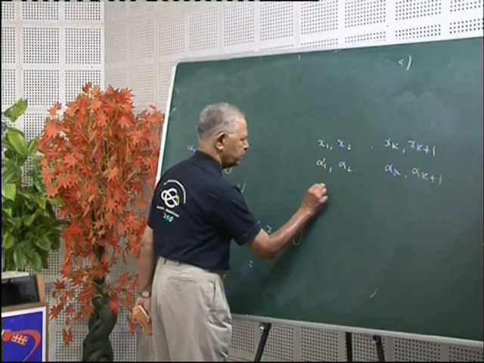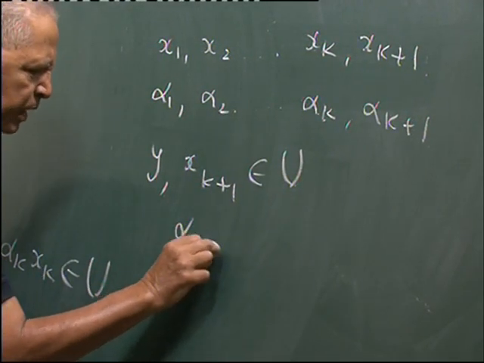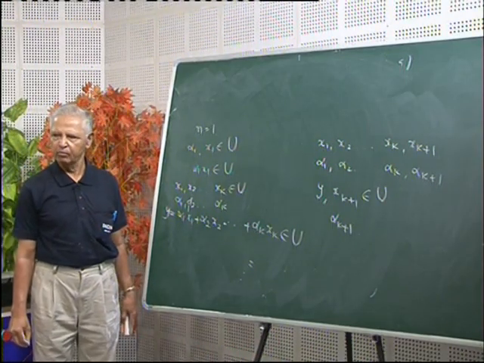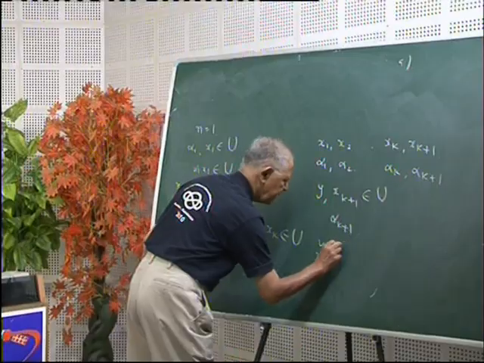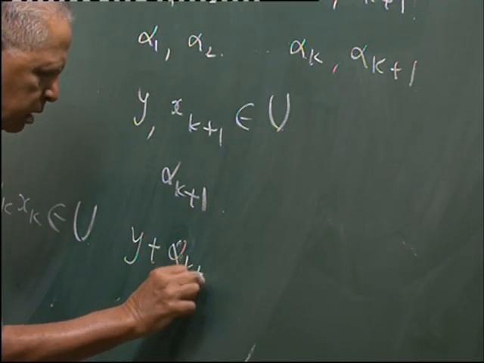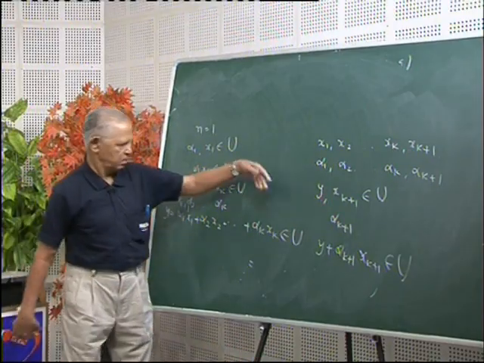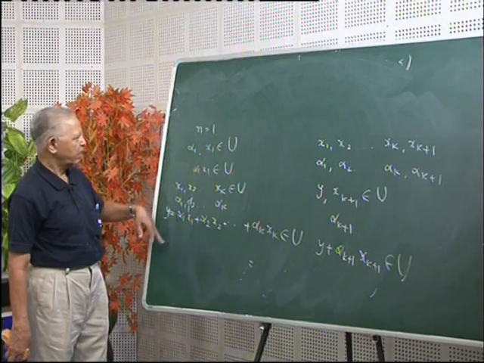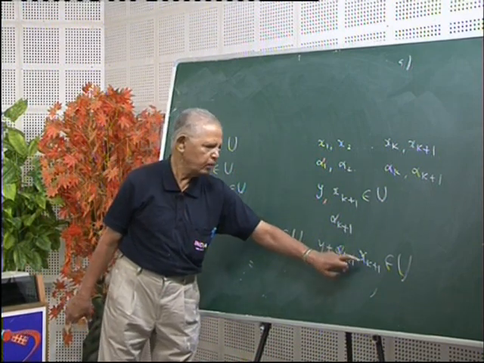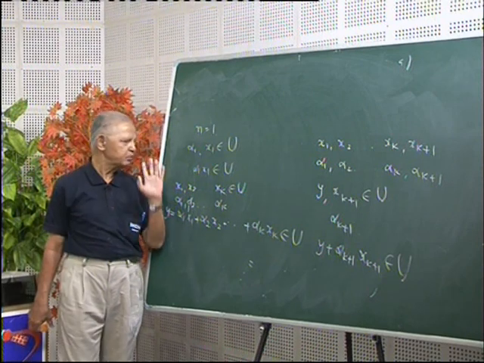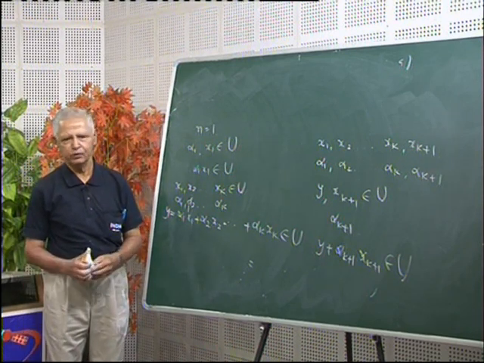So, now we have vectors y and xk plus 1 belonging to U, and alpha k plus 1 is a scalar or real number, and using the induction for 2 vectors, y plus alpha k plus 1 times xk plus 1 belongs to U. That means, putting the value of y here, we get alpha 1 x1 plus alpha 2 x2 plus ... plus alpha k xk plus alpha k plus 1 xk plus 1 belongs to U. That means, if the statement is true for k, it is true for k plus 1, and so it is true for all values of n.